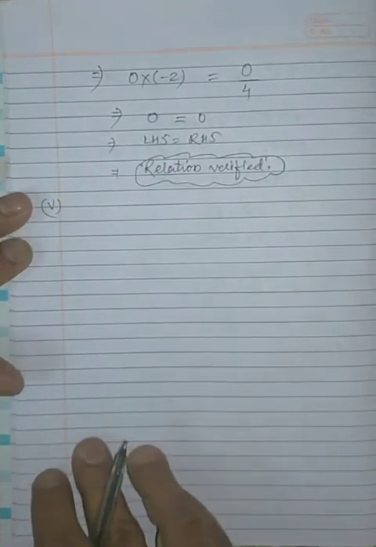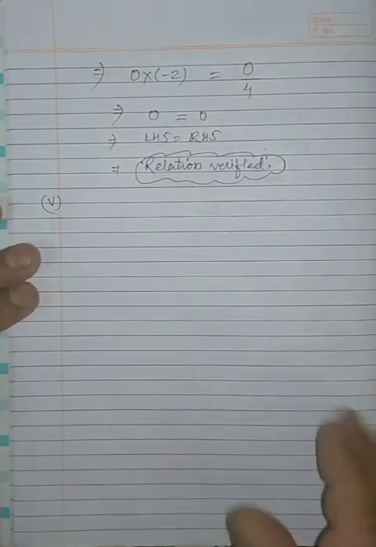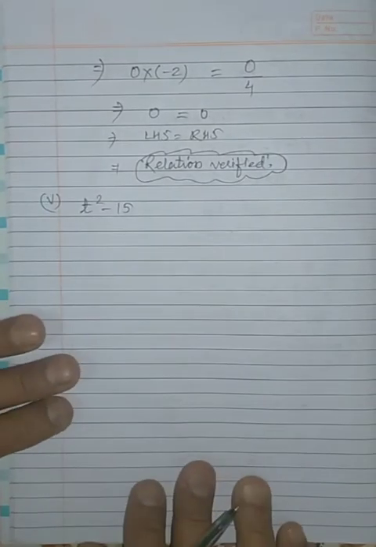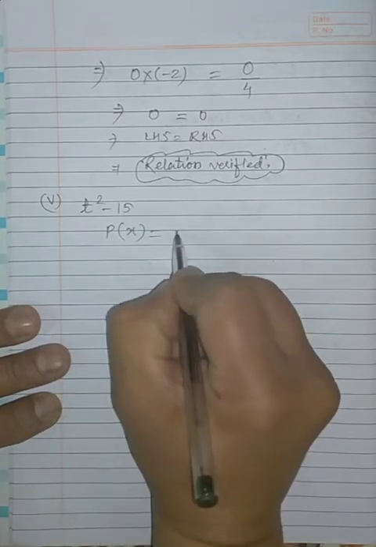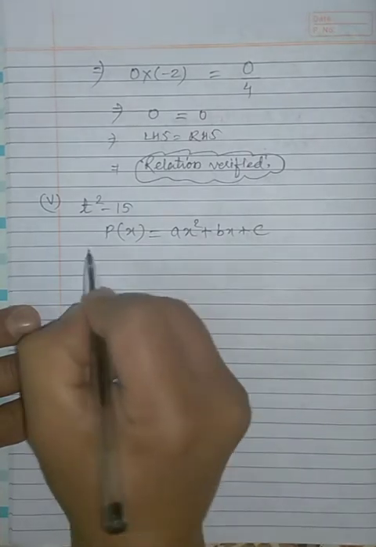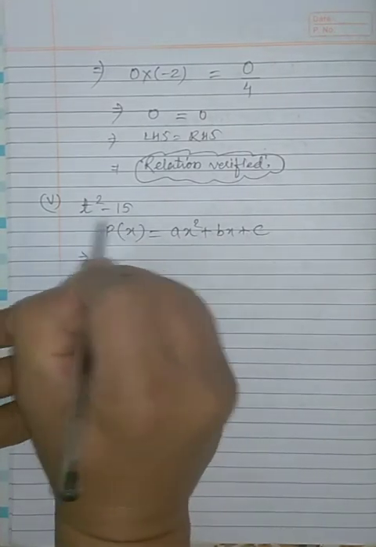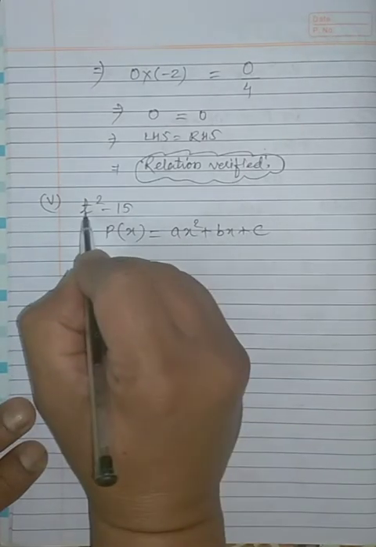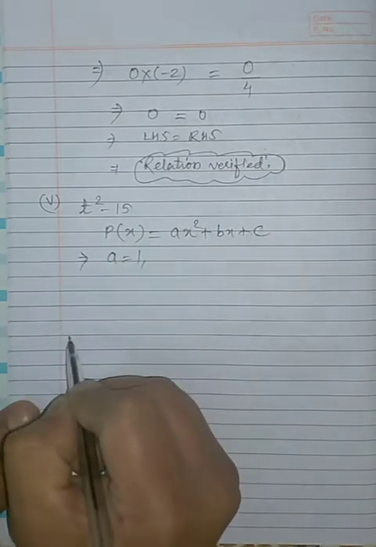Let's solve the fifth part now. The fifth part we have is t square minus 15. Once again, we compare this with the standard form p(x) is equal to ax square plus bx plus c. In place of x square we are given t square, and the coefficient of t square is 1, so we get a is equal to 1.